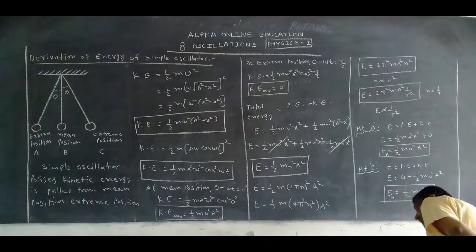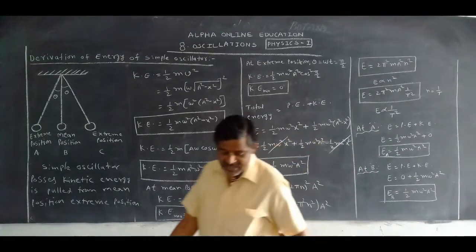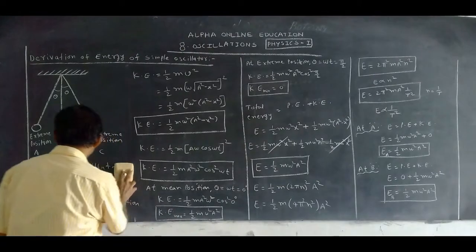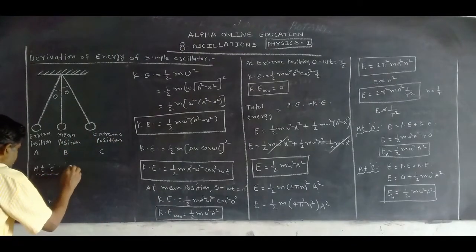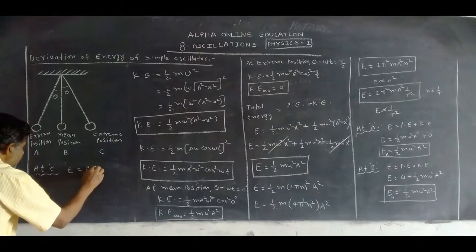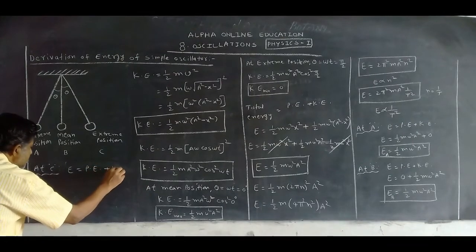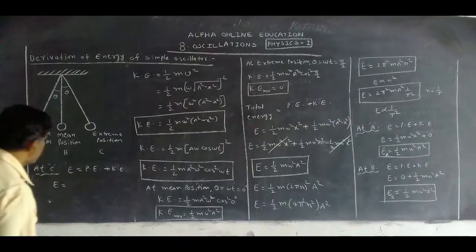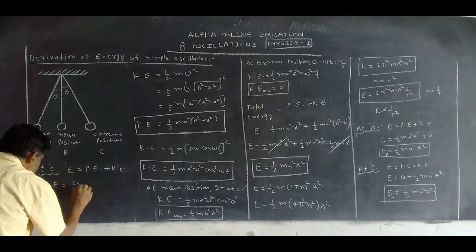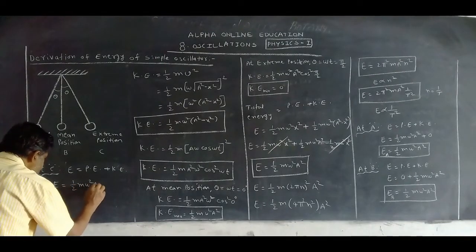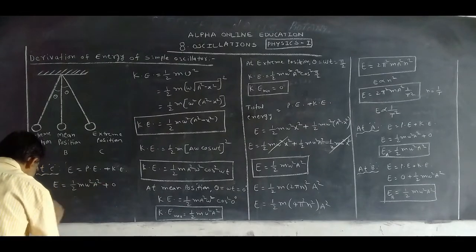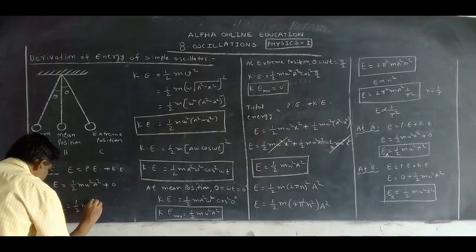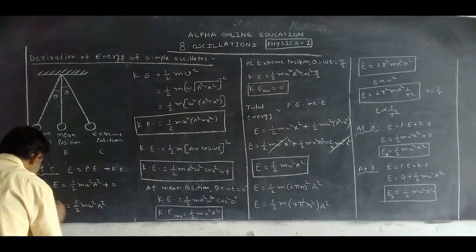Next one. A, B is complete. Next one. Let us see. E is equal to potential energy plus kinetic energy. What about potential energy? Half m omega square a square plus 0. Then what about E at C? Half m omega square a square.